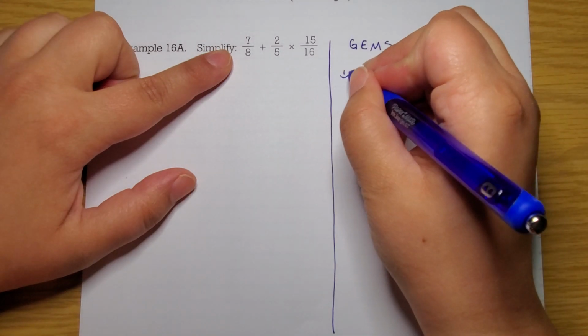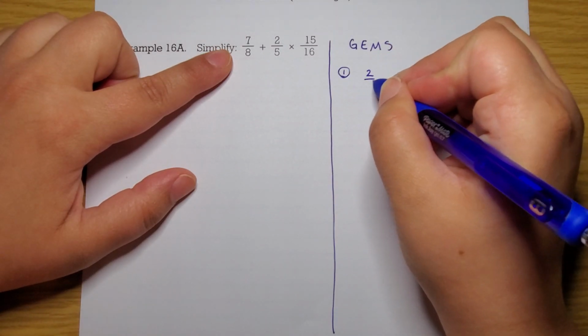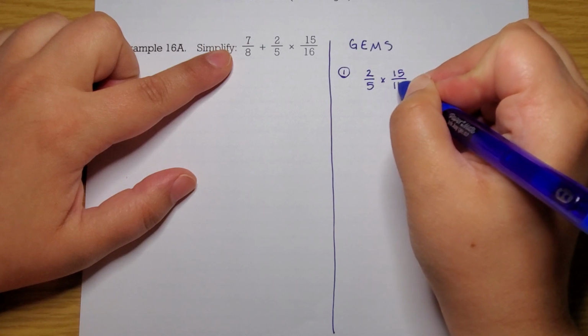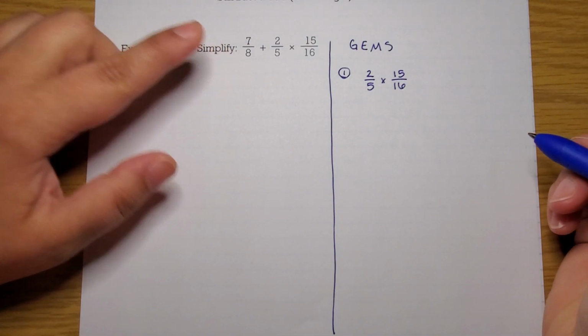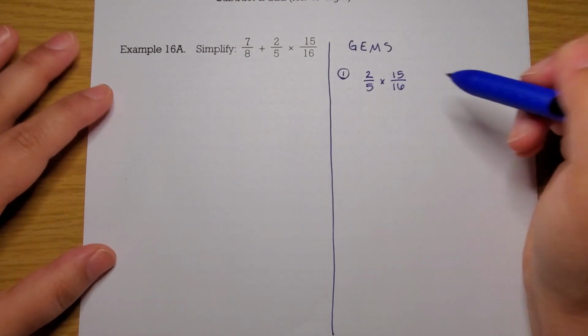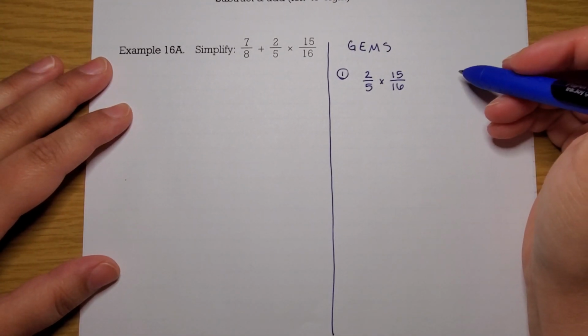So step 1 is going to be 2/5 times 15/16. Now, I want to be in the multiplication zone. In the multiplication zone, we had 2 techniques.